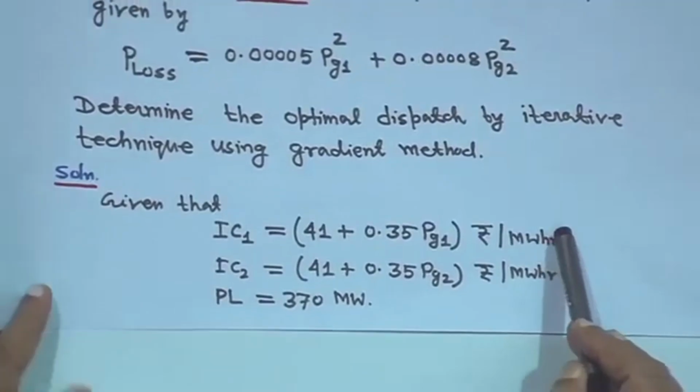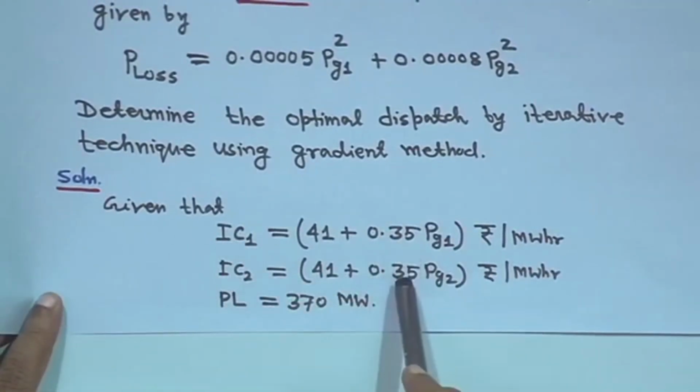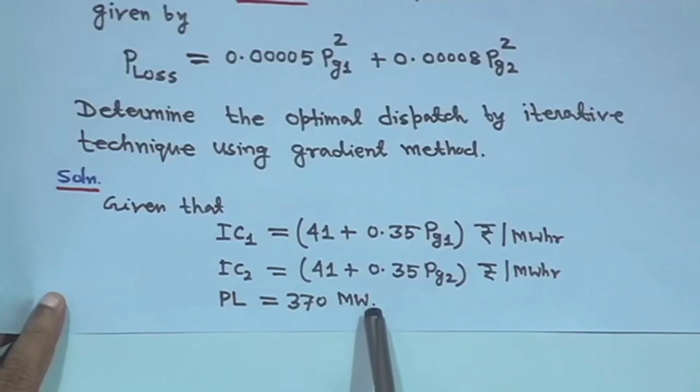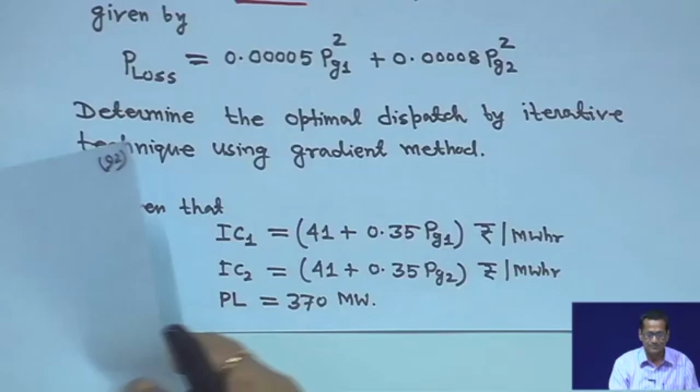Solution: this IC1 and IC2 are both the same as earlier, we have seen that, the same data we are taking, and PL is equal to 370 megawatt, the same load.